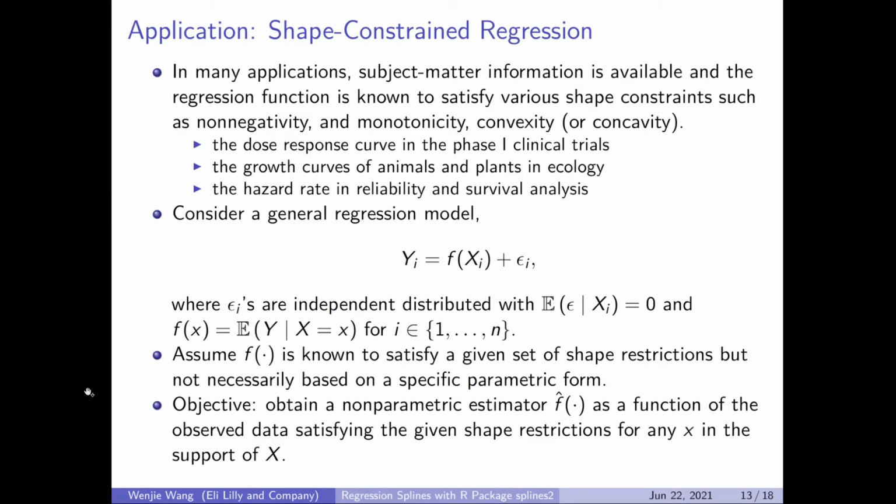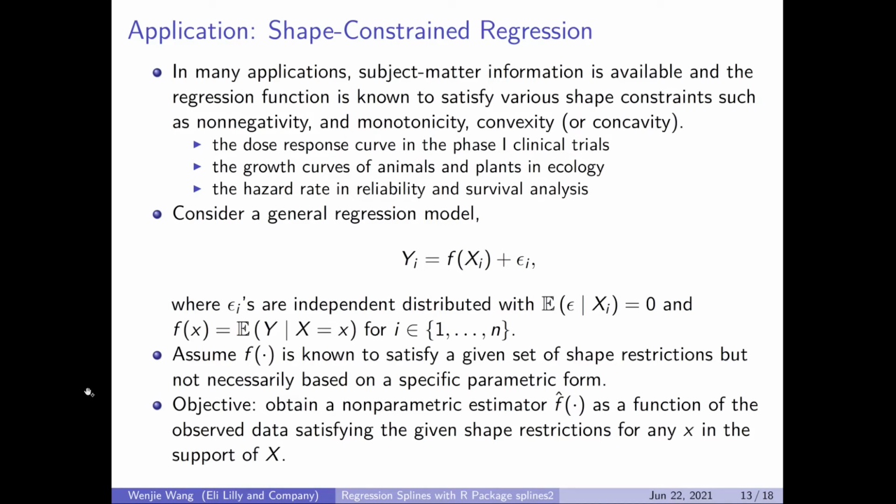Now let's look at one particular application of the splines2 package to shape constraint regression. In many applications, subject matter information is available, and the regression function is known to satisfy various shape constraints such as non-negativity, monotonicity, and convexity.